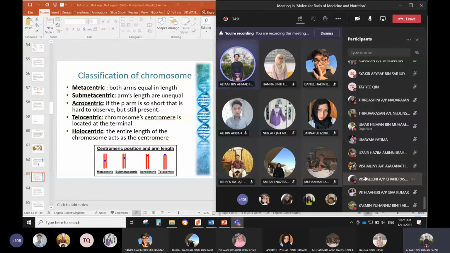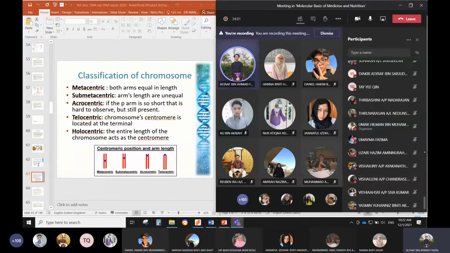The chromosomes can be classified based on the position of the centromere. We have 5 types of classification. Number 1 is metacentric, which means both arms are equal in length, the P arm and Q arm. Then we have submetacentric, where the arm lengths are unequal. Then acrocentric, where the P arm is so short that it is hard to observe but still present.